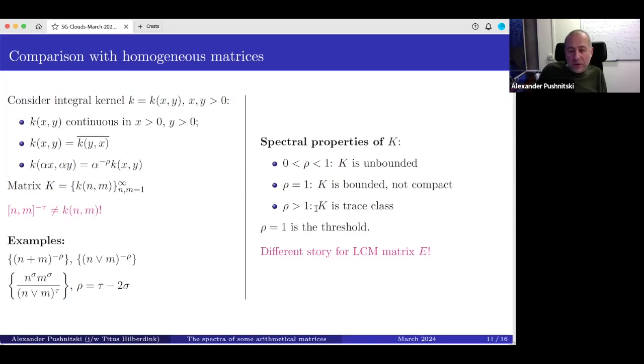If rho is greater than 1, immediately it becomes compact and trace class. So rho equals 1 is a kind of threshold. It cannot be, for example, compact but not trace class. It immediately falls into the trace class category as soon as it becomes compact. It's a very different story from what we saw for our LCM matrix.